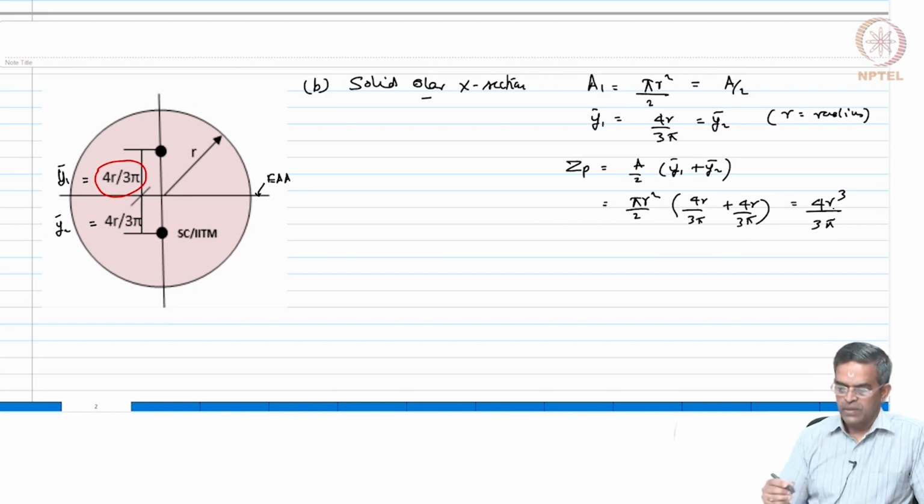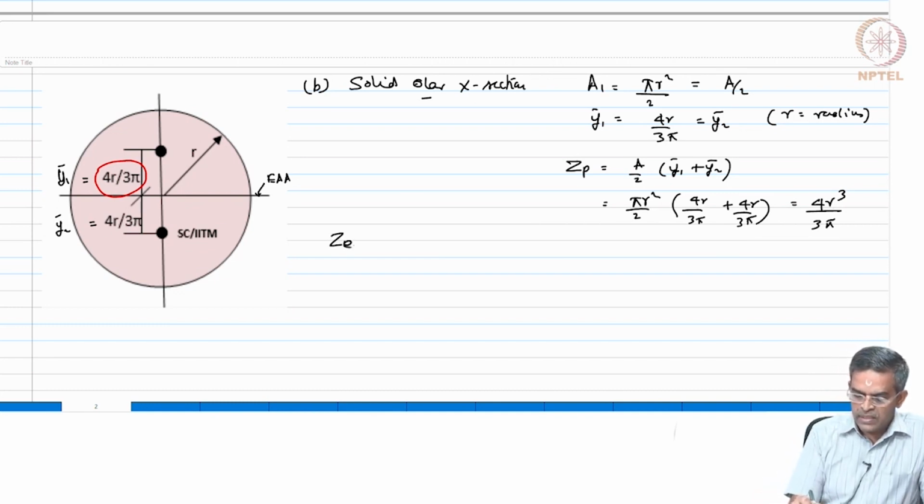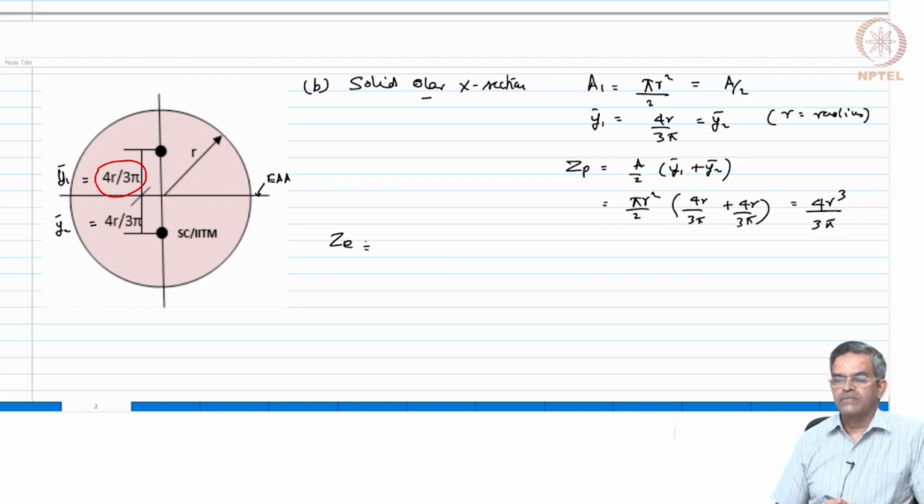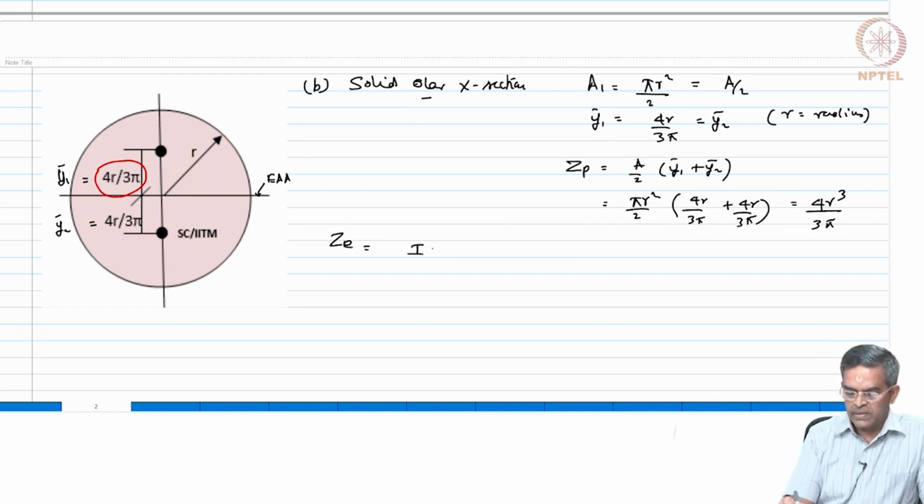Let us find out the elastic section modulus for this, which is I by y max.